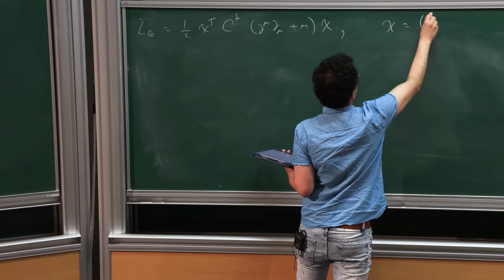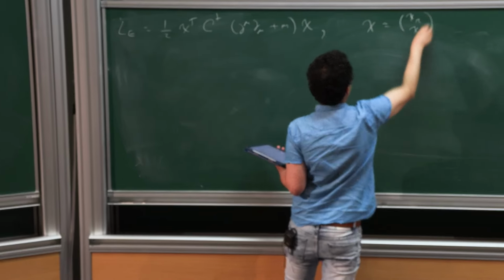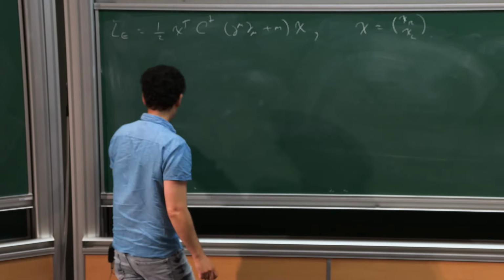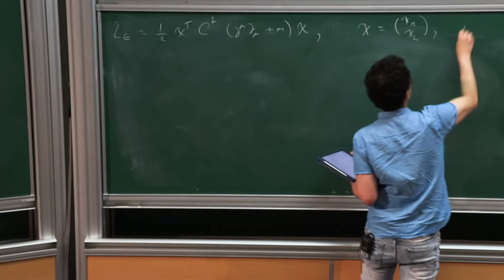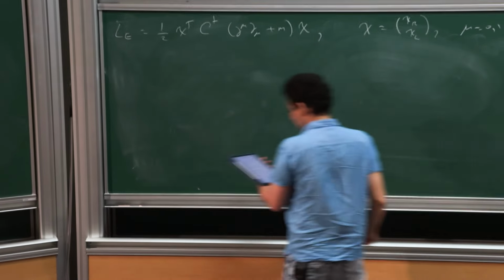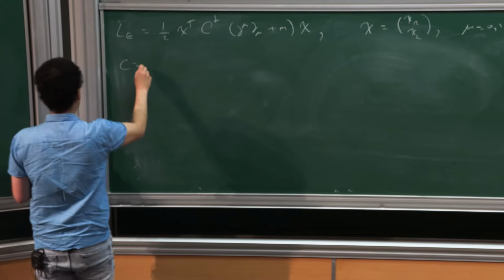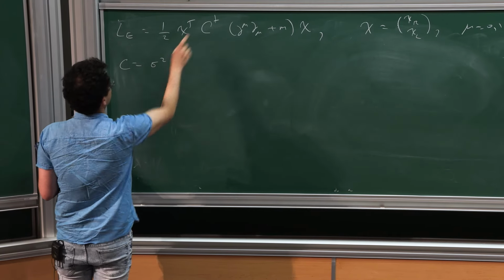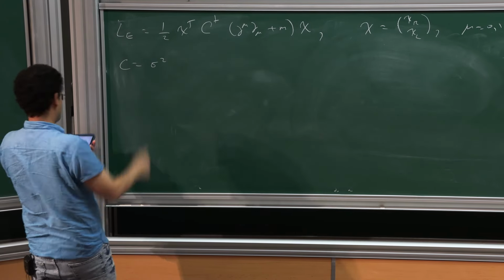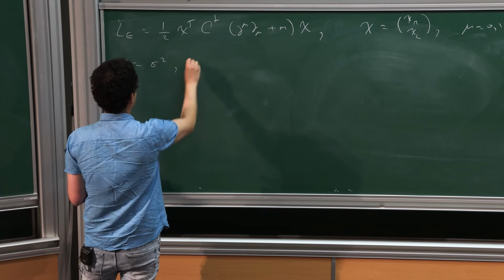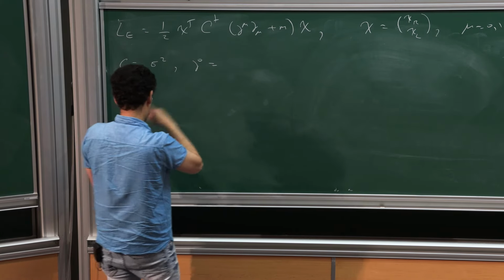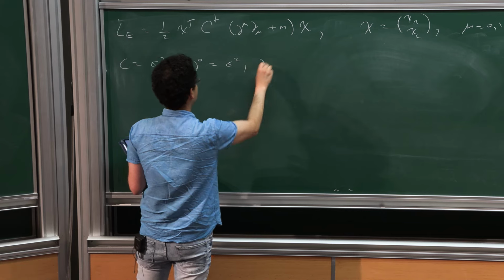Chi is just chi right, chi left. Mu runs over 0 and 1. C is the charge conjugation matrix. With the notation I have there, there is some choice of gamma matrices that makes this work.